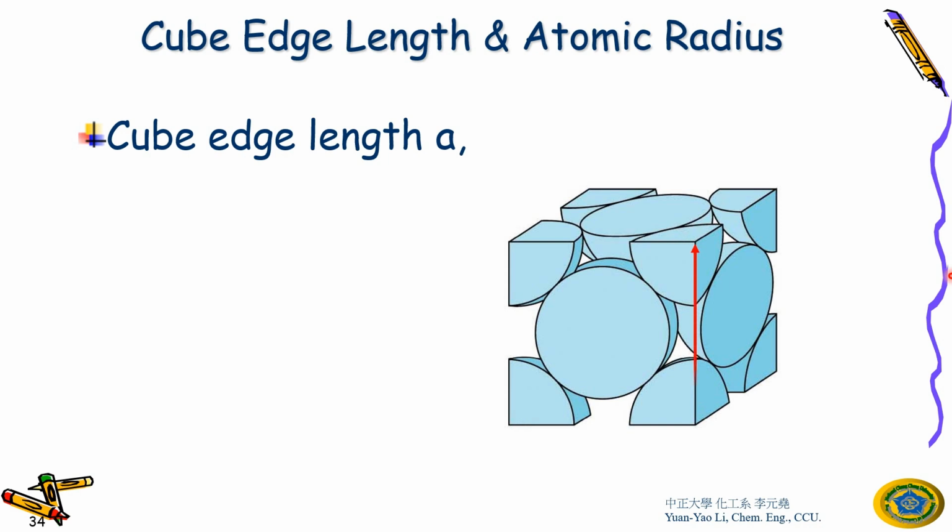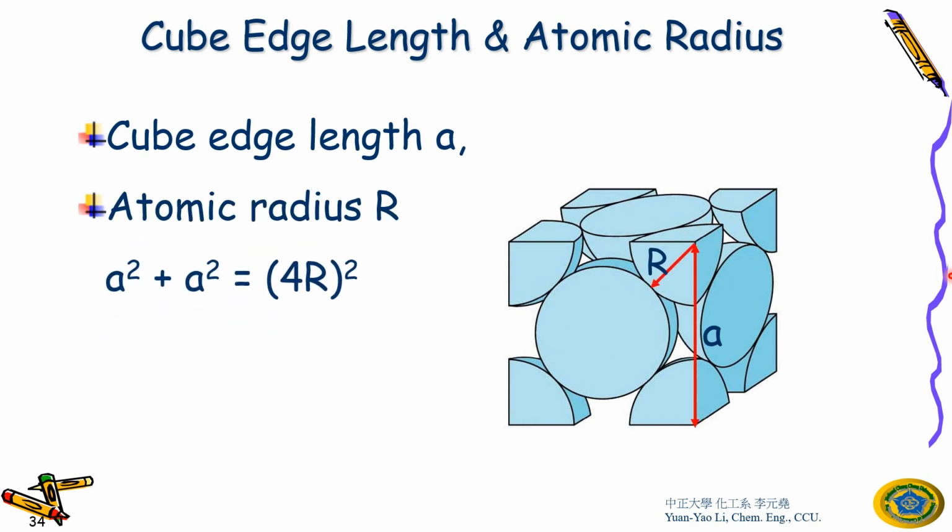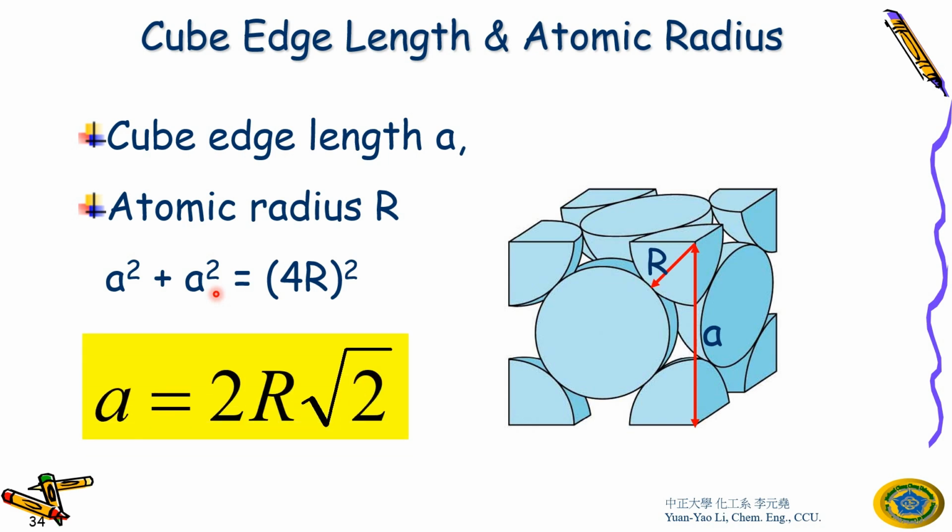Remember? So you can have a relationship between these. So please tell me, this is junior high level. a squared plus a squared equals what? 4R squared. So you know the relationship between radius and the cube edge length. And you understand a equals 2R root 2.